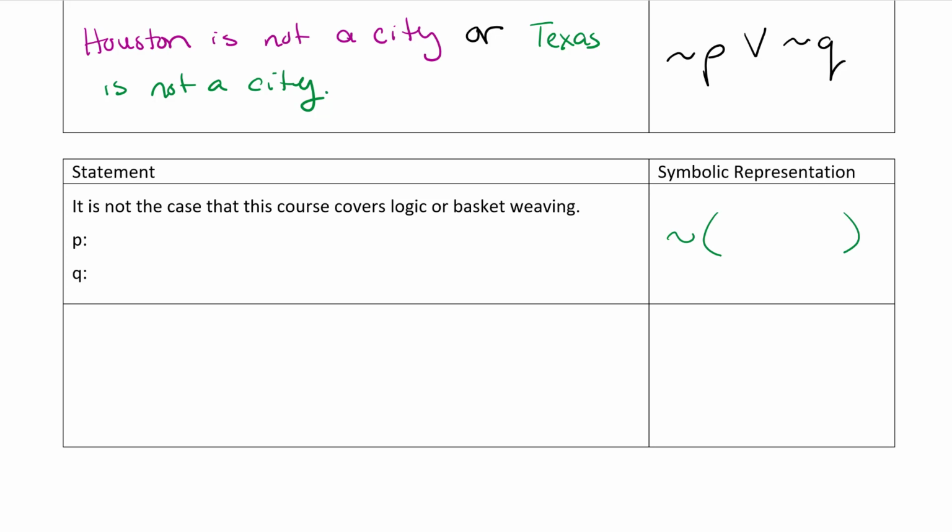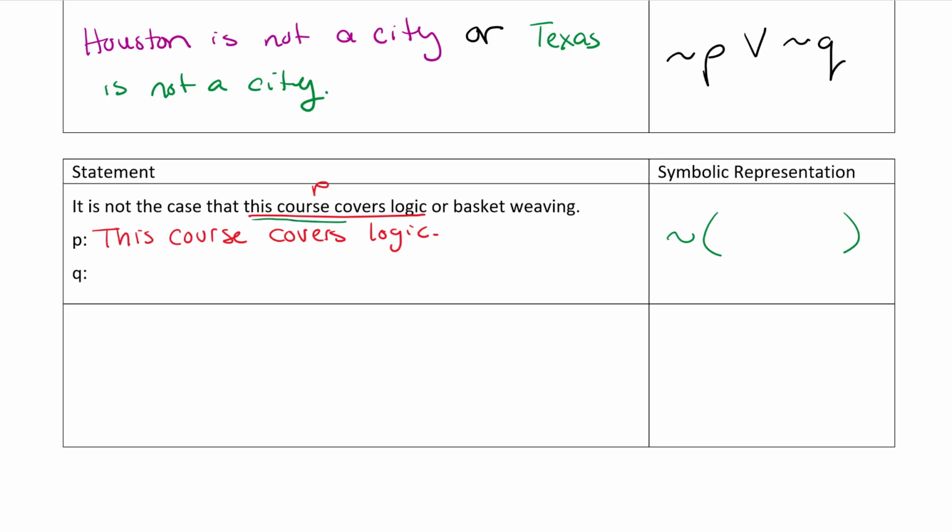So let's see if we can identify our P and our Q. So one thing is this course covers logic. That would be our P. This course covers logic. Or basket weaving. So in English, you have to realize that we're also talking about this course covers.